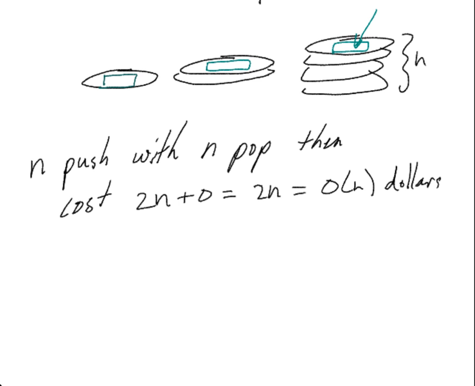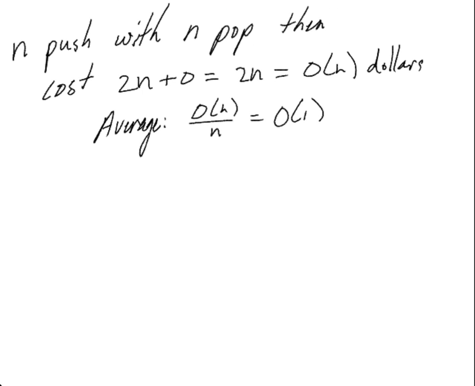And so on average, any operation is going to be order n divided by n. Any operation after n operations, and that's constant time. So a push or a pop or even a multi-pop is on average going to have a cost of a constant number.